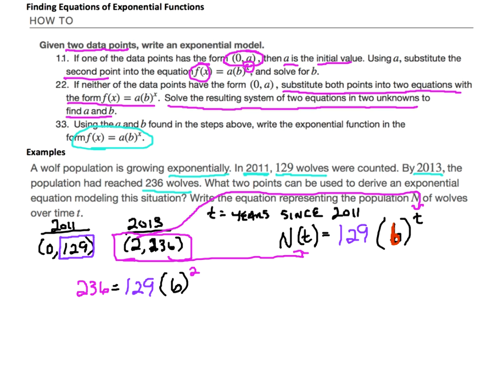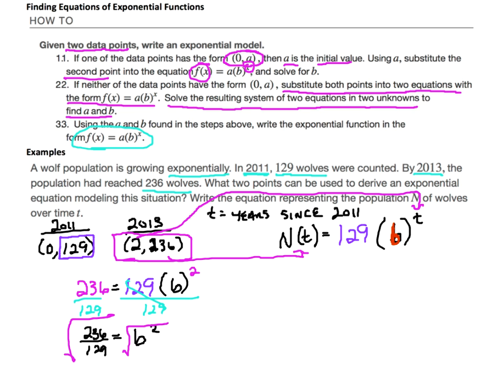So the first thing I want to do is isolate my exponential by dividing both sides by 129. I'm just going to leave that as the fraction 236 over 129. I don't want to reduce it because I'm going to take the square root of it in a moment anyway and put it into my calculator. So I'm just going to leave it that way so I get the most precise answer.